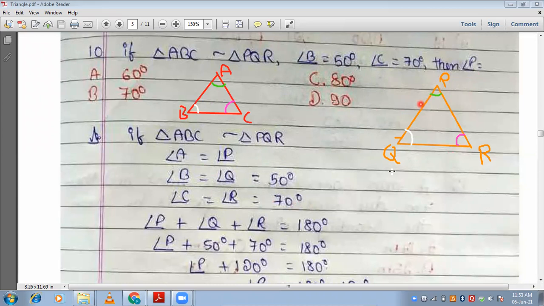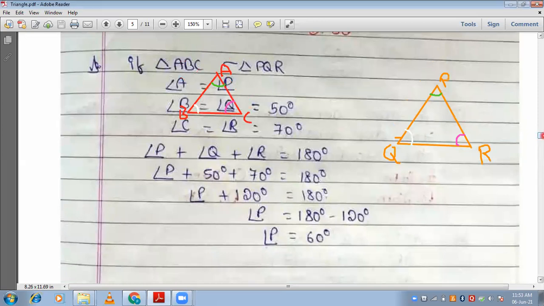Now, take triangle PQR. We know the sum of the interior angles of a triangle is equal to 180 degree. So angle P plus angle Q plus angle R is equal to 180 degree. Now substitute all the values. Angle P plus 50 degree plus 70 degree is equal to 180 degree.